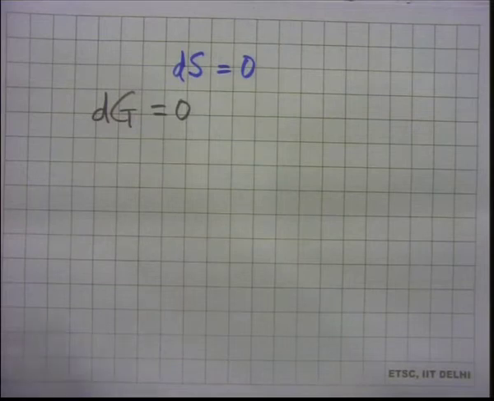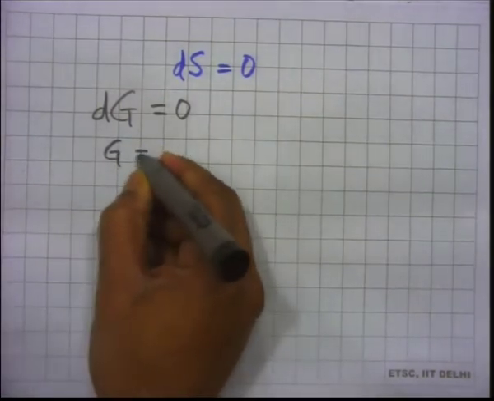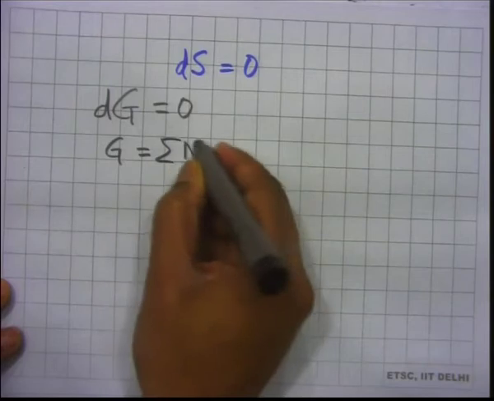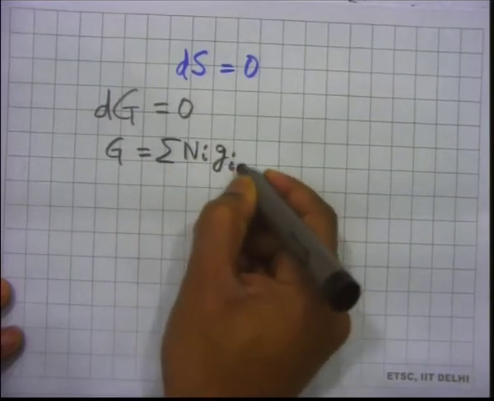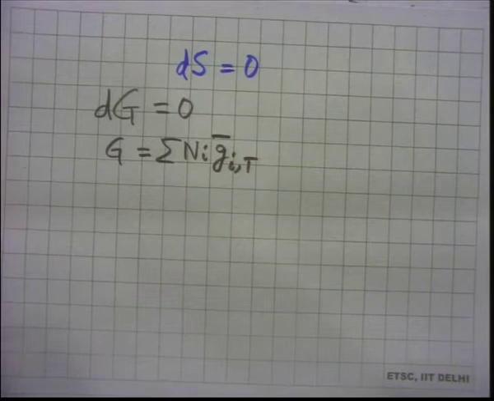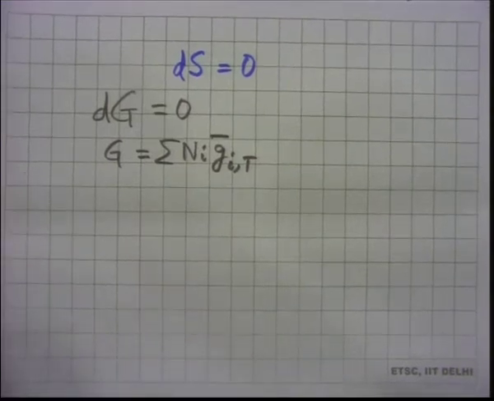and G for the mixture will be written as summation N_i G_i(T), where G_i(T) is actually the Gibbs function. Okay.